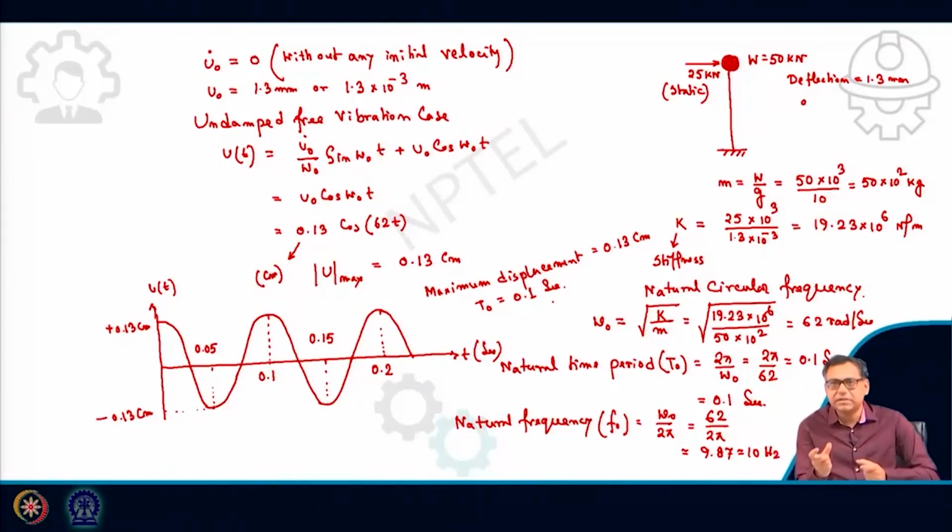Then if you apply the same amount of load, your deformation will also change, so this maximum deformation will also change. So that means if you change your stiffness, then the natural time period and the deflection, everything will change.